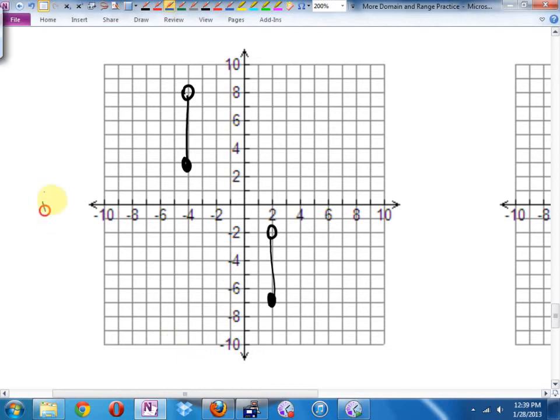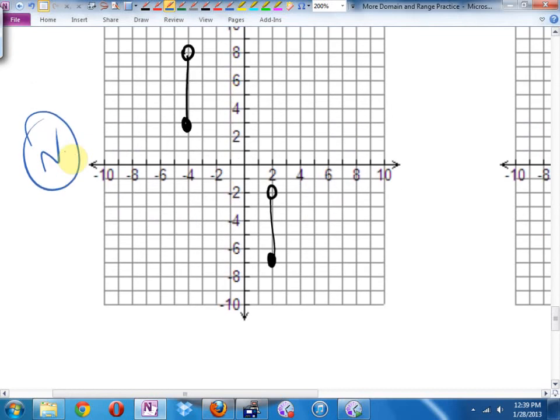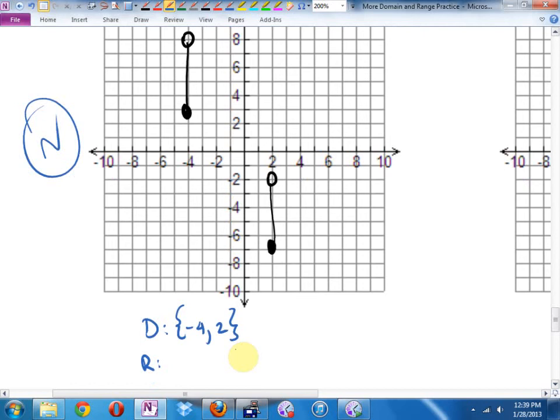Not a function. Domain. Range. Domain, -4, comma, 2.